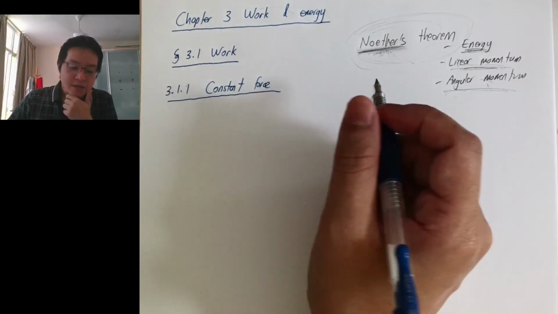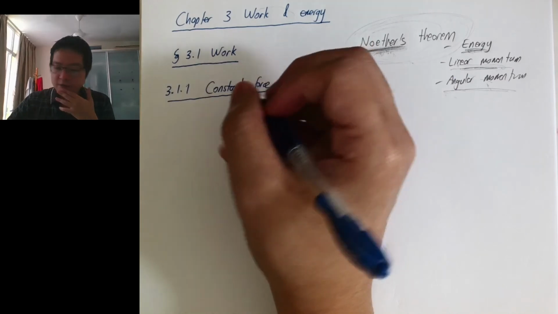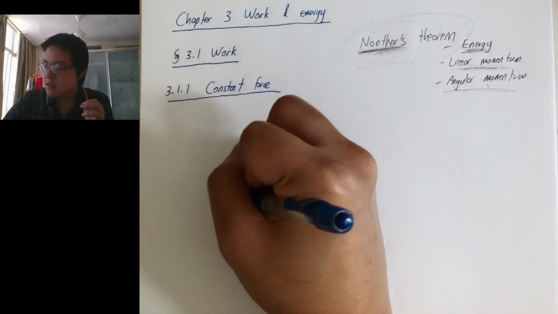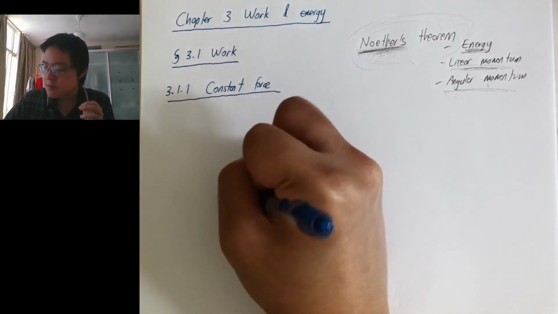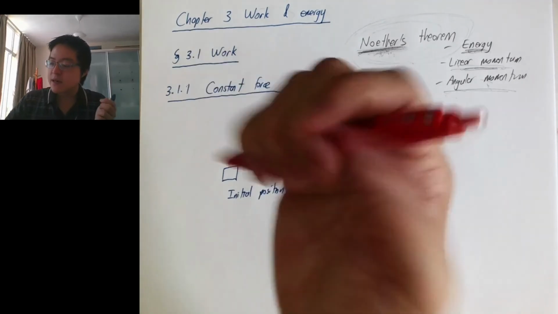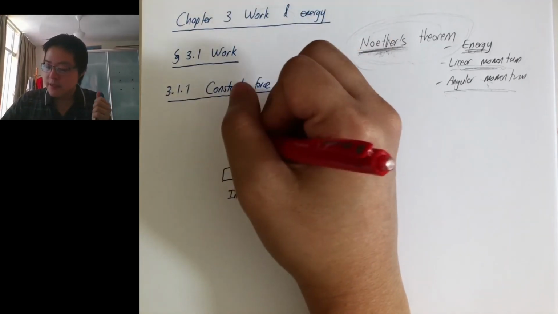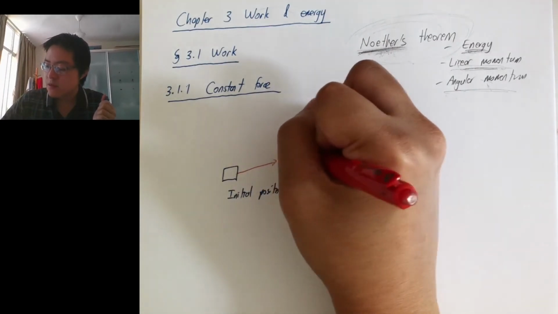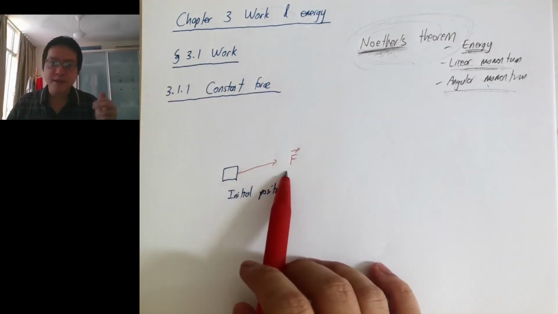And so let's define work done by a constant force. So constant force, let's say I have an object. This object has an initial position, and then it is experiencing a net force in this direction. I'm drawing a vector now because force is a vector, right?